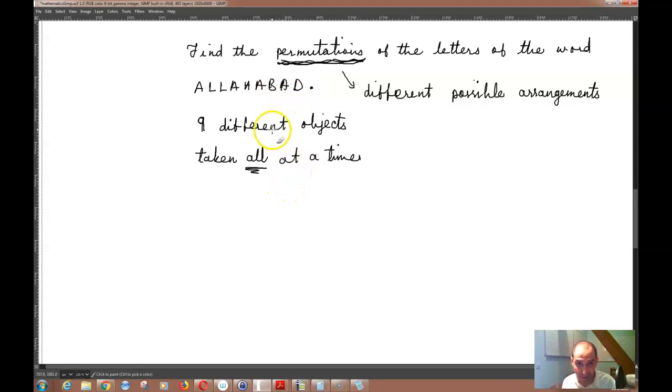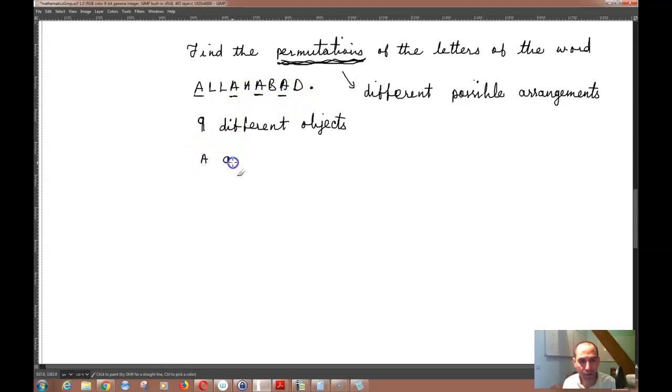And since I made this assumption, I know that, for example, A has been repeated 1, 2, 3, and 4 times.